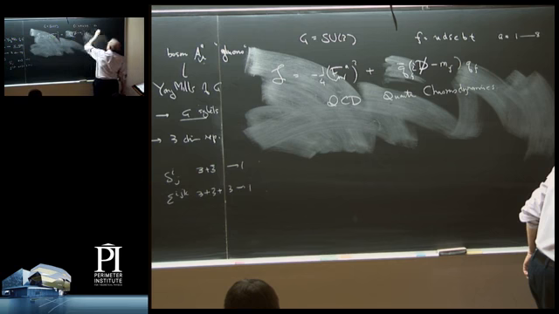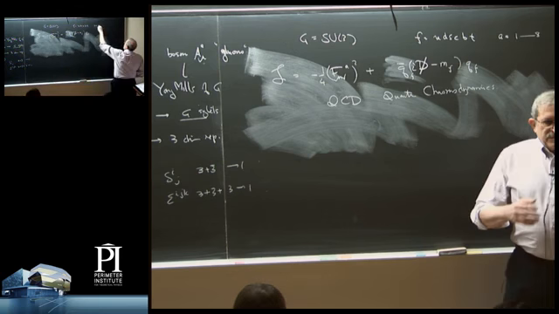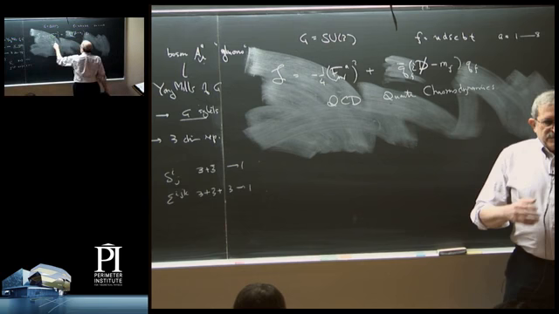And A is summed over the generators of the group SU3, which run from 1 to 8. And that's it. That's the only thing we can write down. And this theory is called QCD, or quantum chromodynamics.